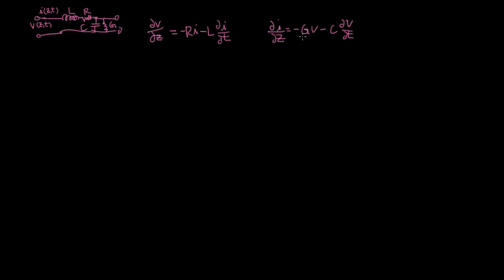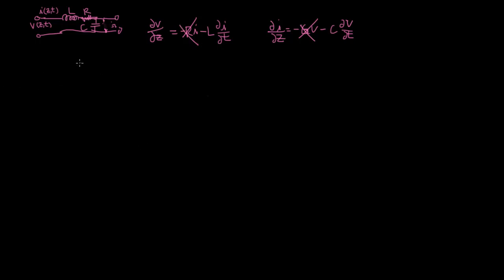Now, one cop-out to make things a little easier, just so that we know what the solution is going to look like, is let's just assume this is lossless. So let's assume that no energy is lost through this resistor and no energy is lost through this path. So this is actually a nice little open circuit that we don't have to worry about. That means we don't worry about the R anymore, and we don't worry about the G anymore. This is why we use G instead of R for the series, so that when we want the ideal lossless case, we just set the associated variables equal to 0.